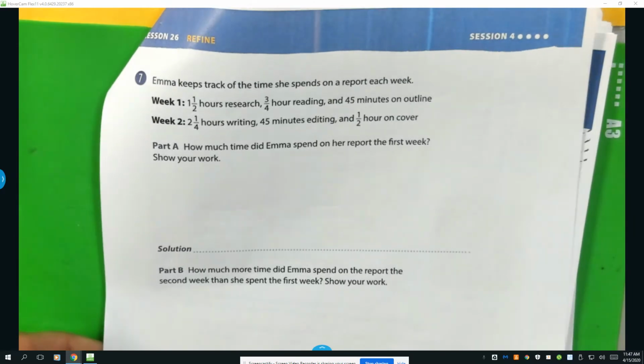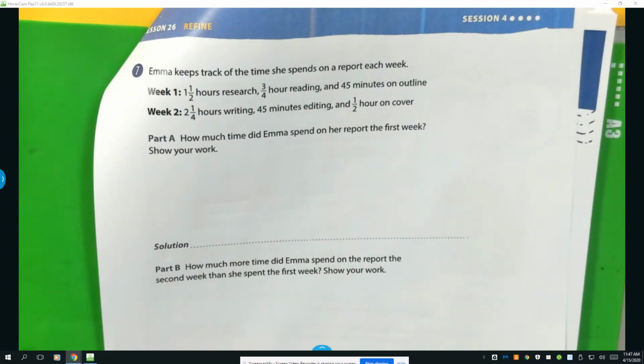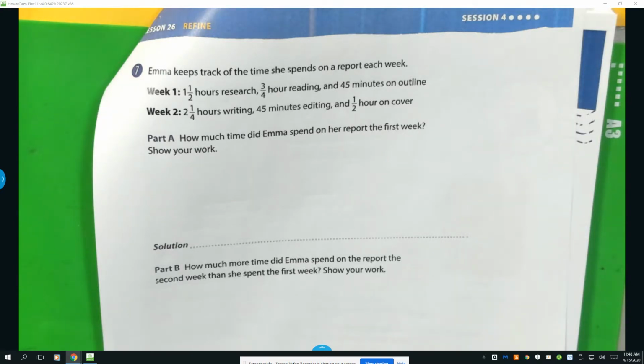All right. Emma keeps track of the time she spends on a report each week. Week 1, 1.5 hours research, 3/4 hours reading, and 45 minutes on outline. Week 2, 2.25 hours writing, 45 minutes editing, and 1/2 hour on the cover.